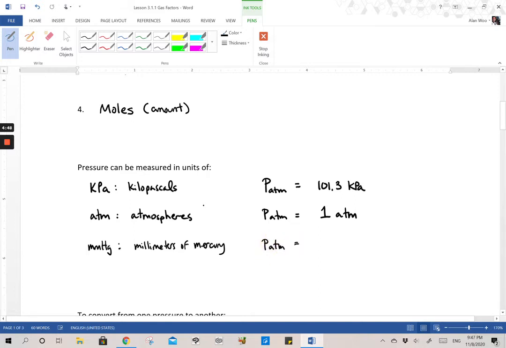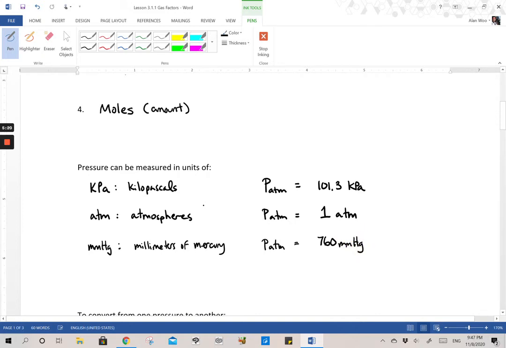It is a very reliable liquid, but because it's toxic, we really don't use it in any of our pressure measuring devices like barometers. So normal air pressure in millimeters of mercury equals 760 millimeters of mercury.